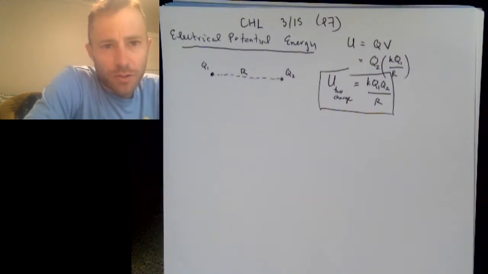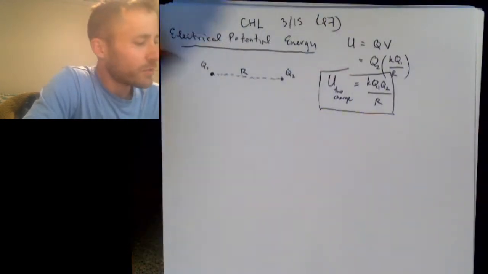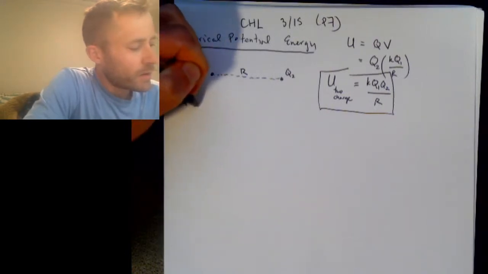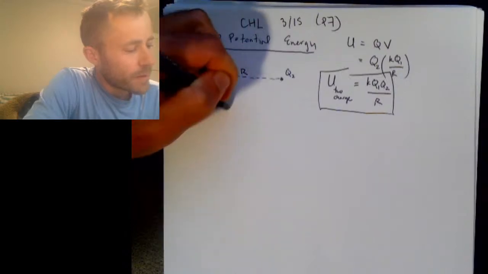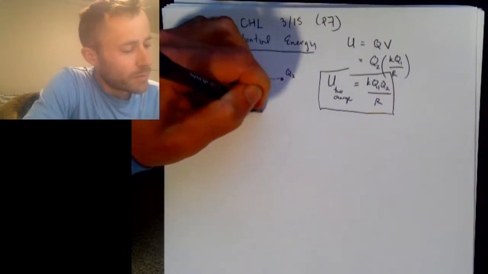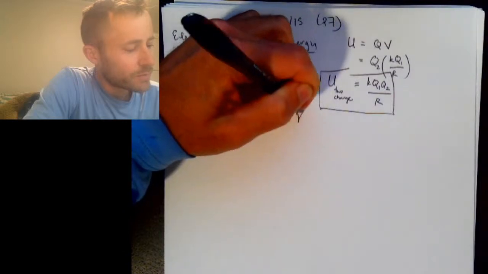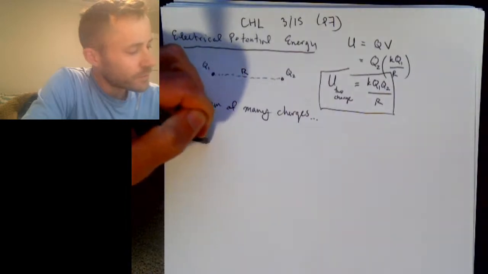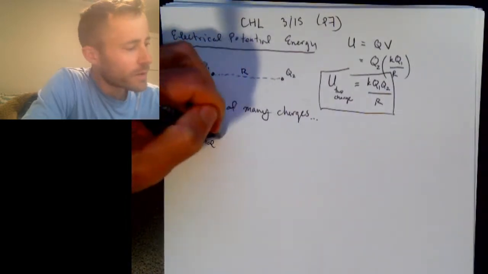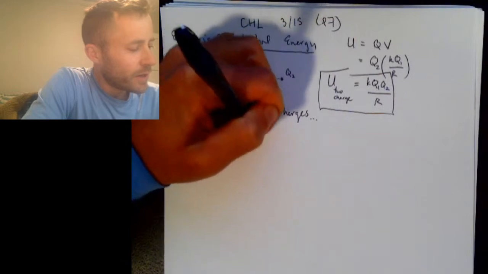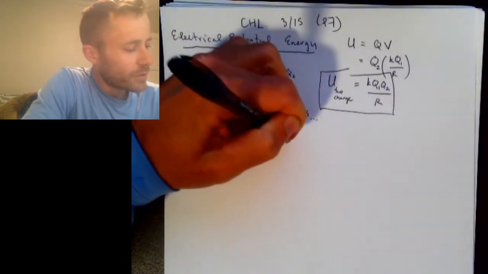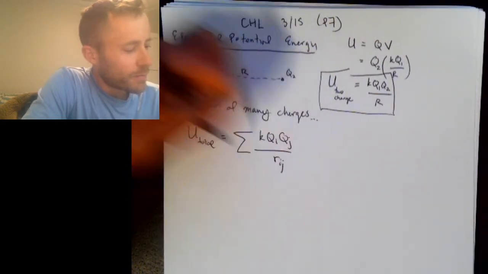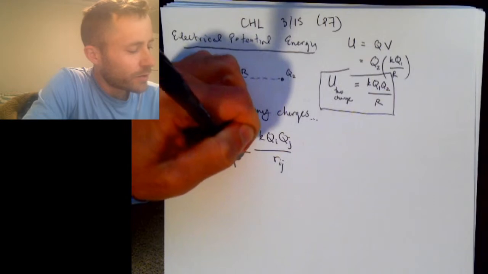It's pretty rare that you just have two charges. Normally you have a system of many charges. So if you have a system of many charges, then the total electrical potential energy is going to be K Qi Qj over Rij, summed over pairs.